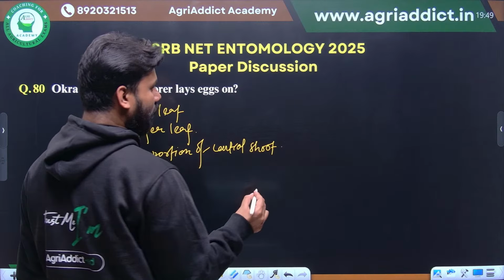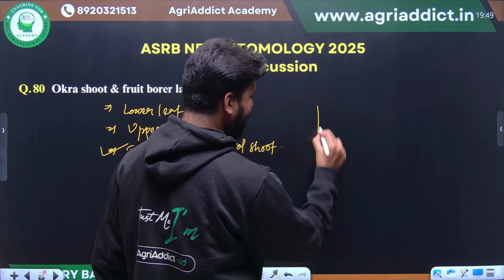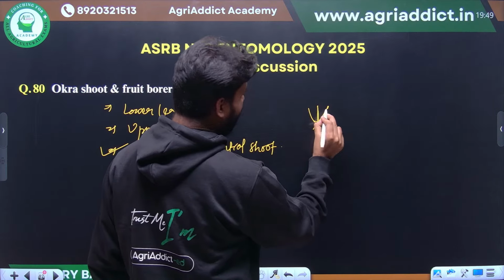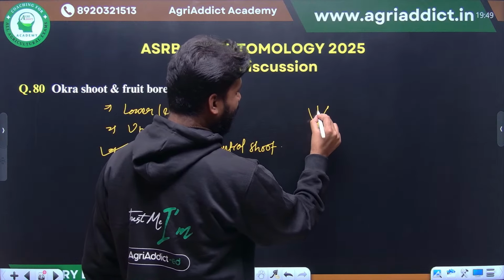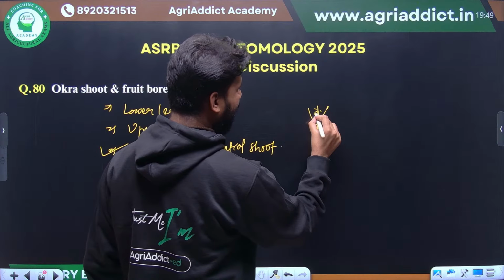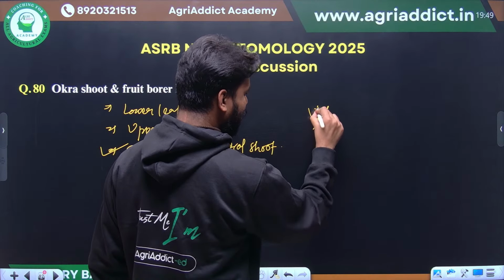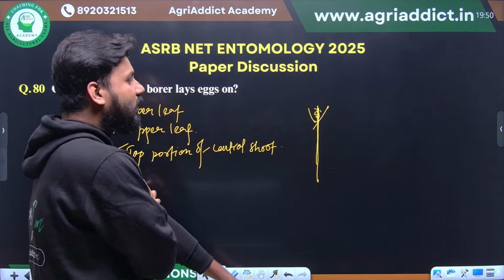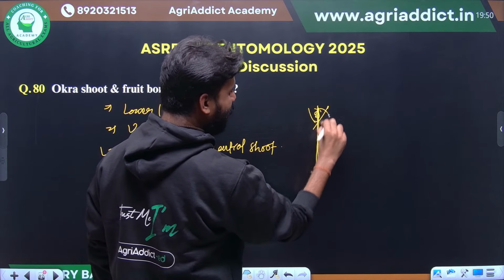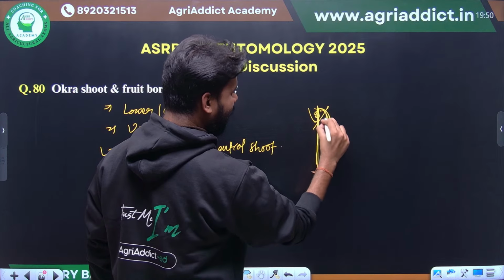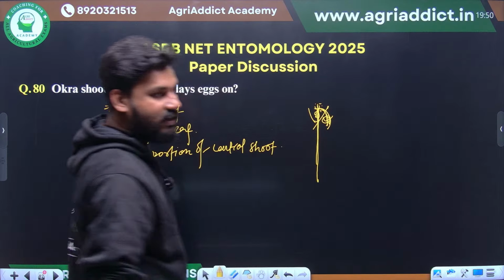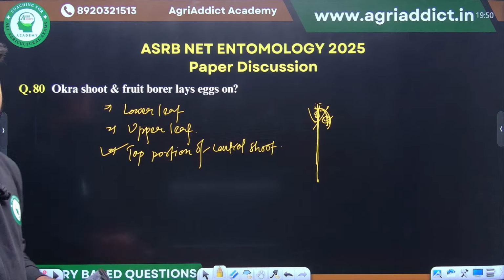So what happens? Suppose this is the top central shoot of an okra plant. The mated female will lay eggs here. Then upon hatching, the larva will feed on that central shoot content and it will bore that central shoot. As a result, the typical symptom will be drooping shoot. In the field, you will see it like this and insect excreta will be present here. This is the typical symptom called drooping shoot.